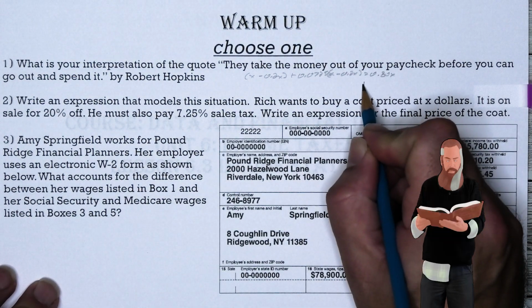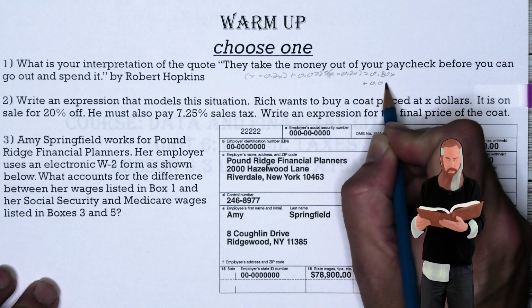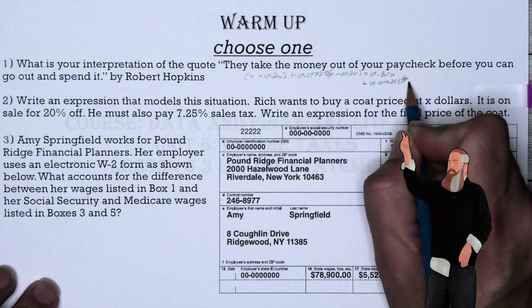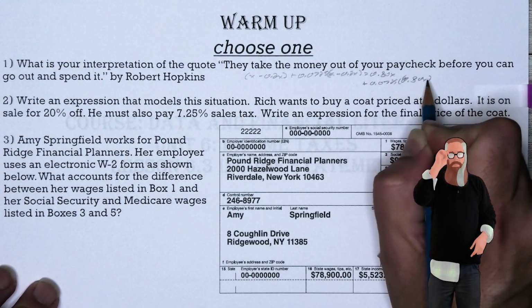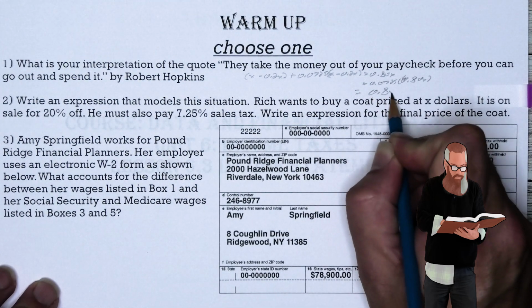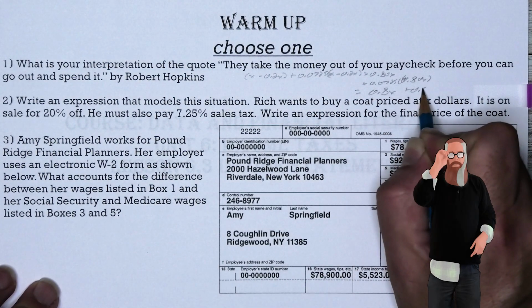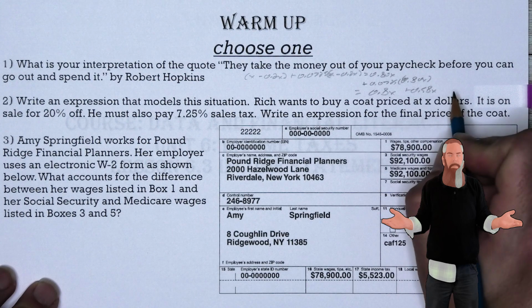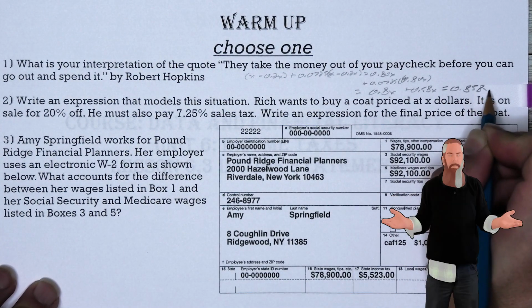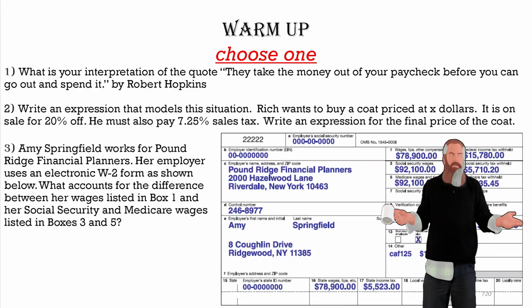With that, we go ahead and add the sales tax of 0.0725 times 0.80x. And this is going to be equal to 0.8x plus 0.058x, which will give us 0.858x as our answer.